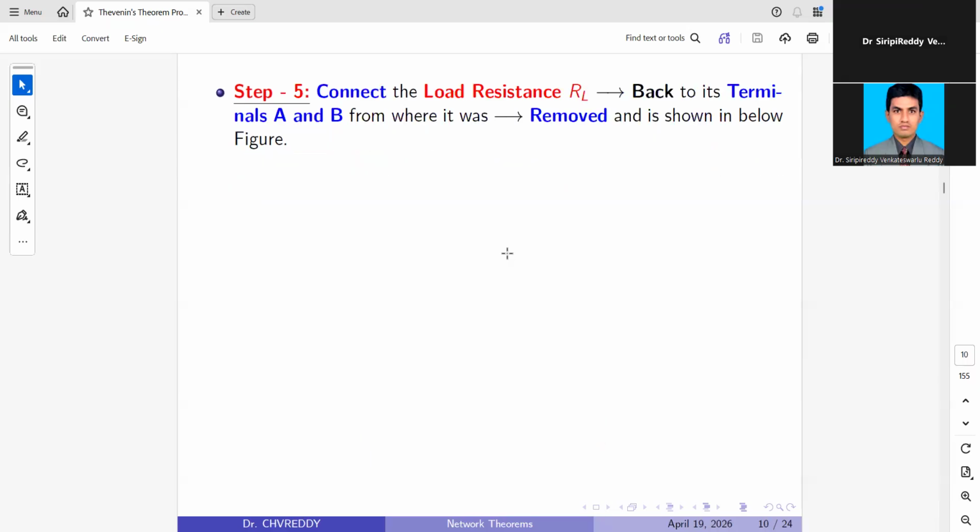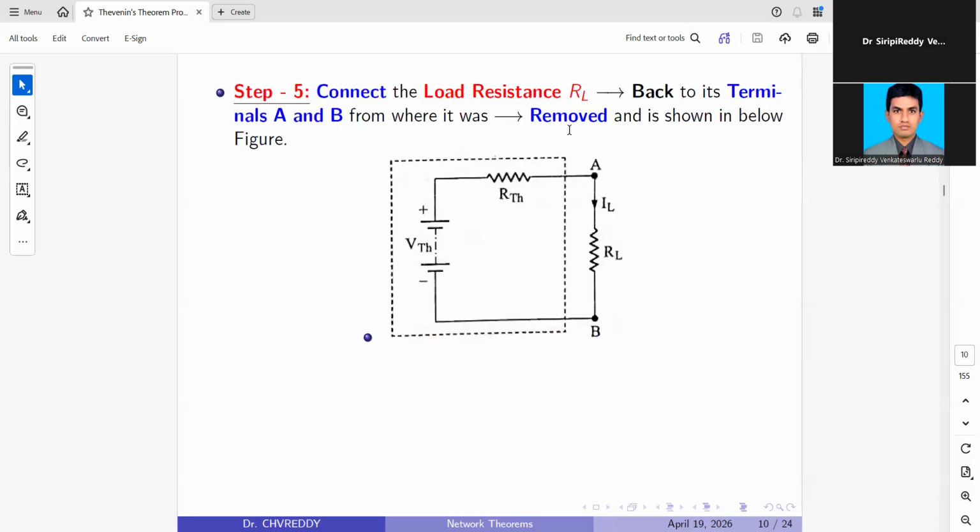Coming to step 5, initially in step 1 we removed the load resistance. Now the load resistance that I removed, I am connecting back in its original position at the terminals A and B, as shown in the figure below.